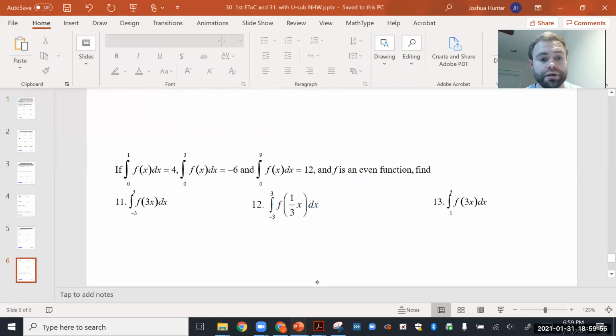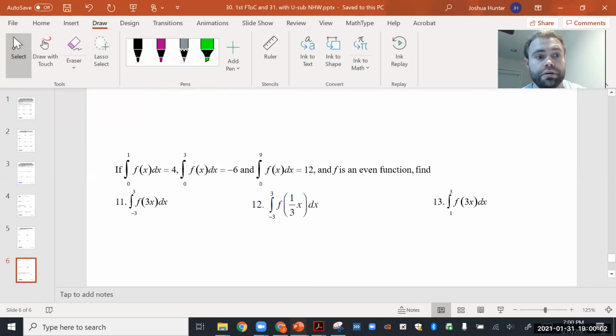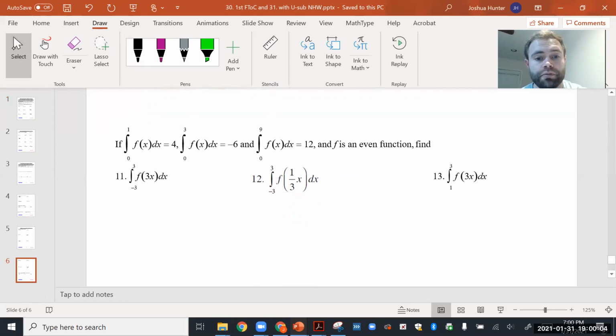Good. So here they are. On section 31, 11 through 13, one important aspect of all three of these problems is that they are even functions. And when we did section 31 last Monday, I did go over, at the end of class, some attributes of even and odd functions.